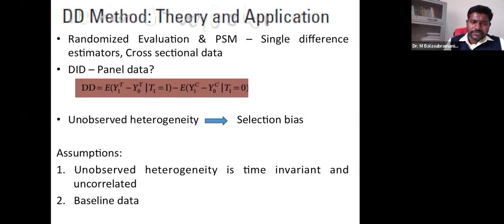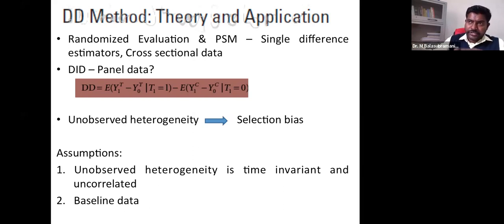To achieve this, we have two fundamental assumptions. The first assumption is that the unobserved heterogeneity is time invariant and uncorrelated with other variables. That is a basic fundamental assumption we have here. How this assumption is valid can be seen from the next slides.